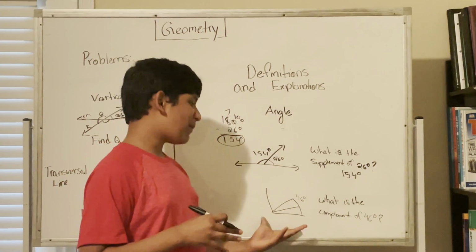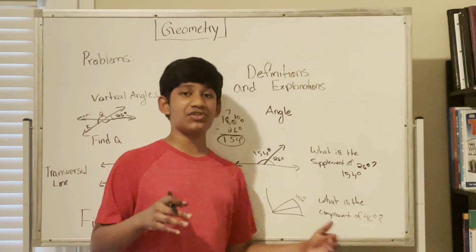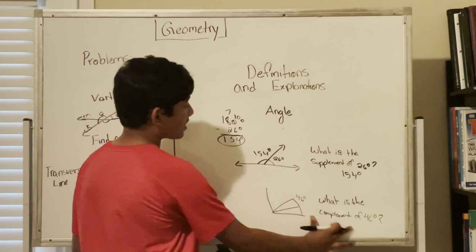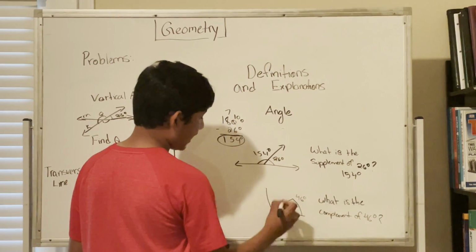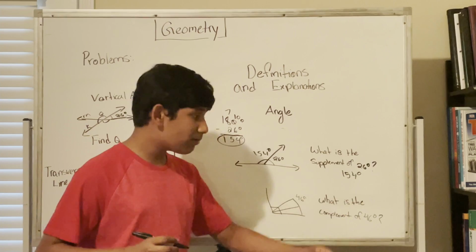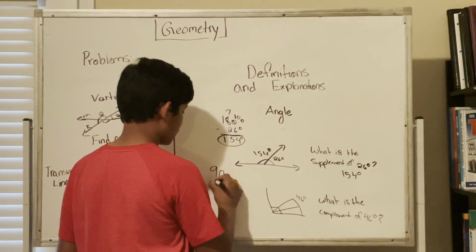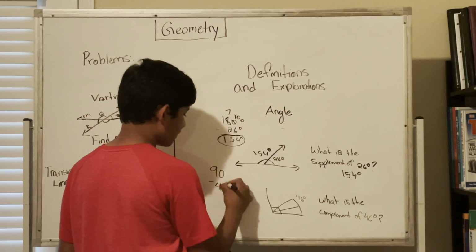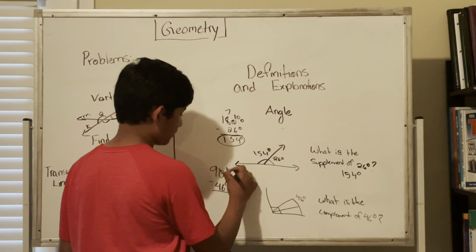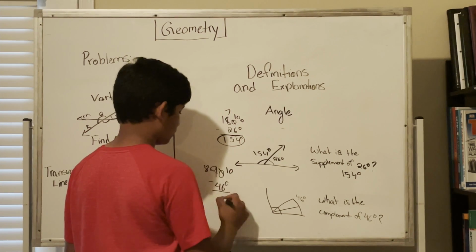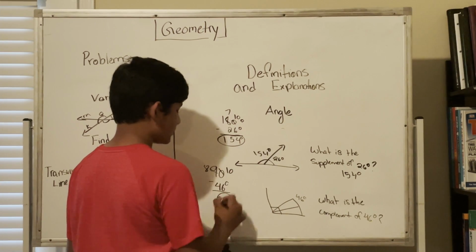So this diagram is trying to confuse us. We can just treat this algebraically. So 90 over here, because it's complement and it's a 90-degree angle. So remember, this is the complement of 46 degrees. So 90 minus 46 degrees is 44 degrees.